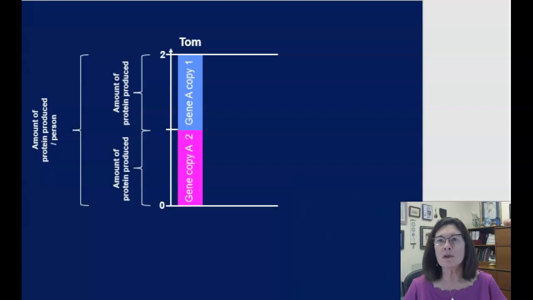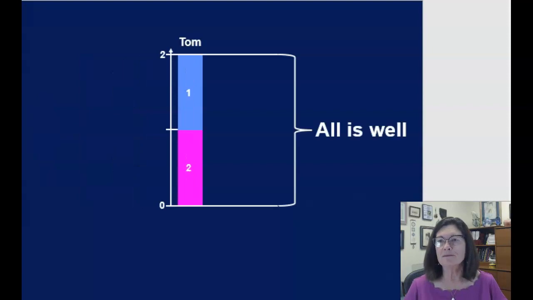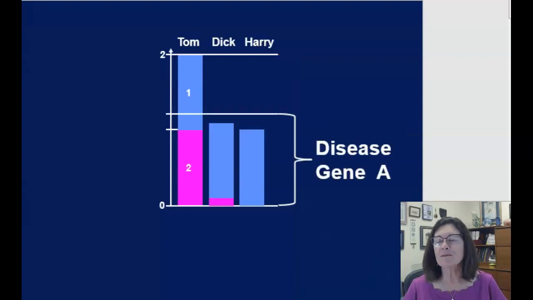So the total between these 2 is the total gene activity for gene A that Tom has. And so we'll have Tom here in every slide just to show you what typical is. In Tom's case, all is well, because this is how we define normal in this instance.